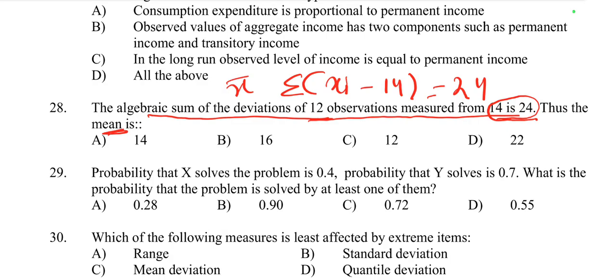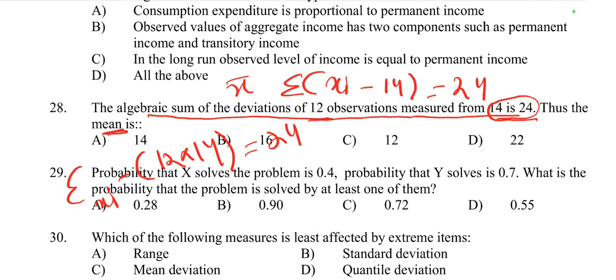This implies sigma xi minus 12 into 14 is equal to 24.